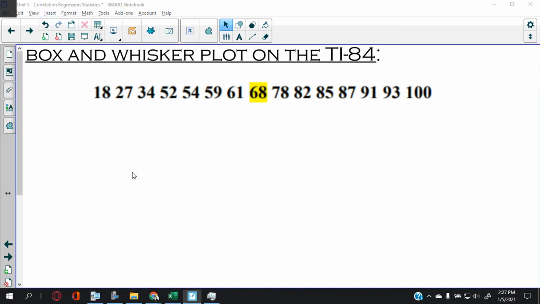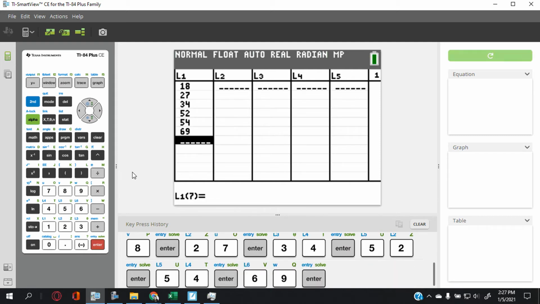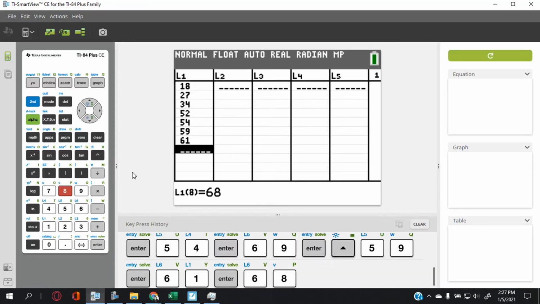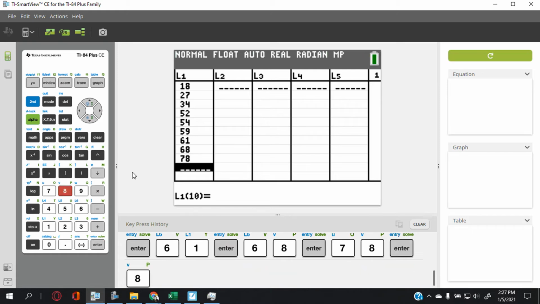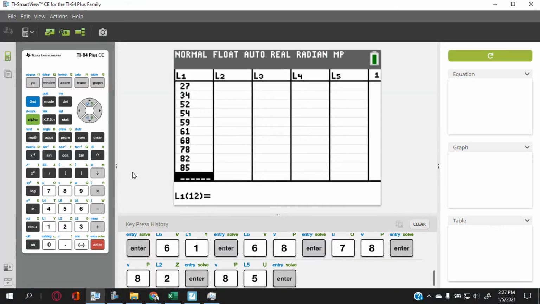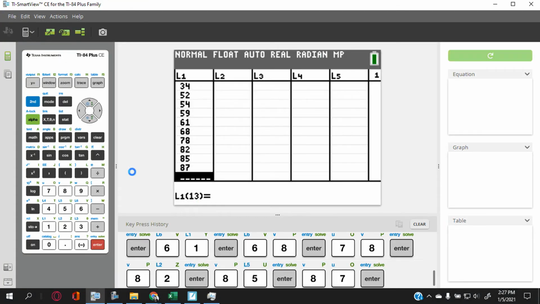So 52, 54, 59, 59, 61, 68, 78, 82, 85, 87, 91, 93, 100.